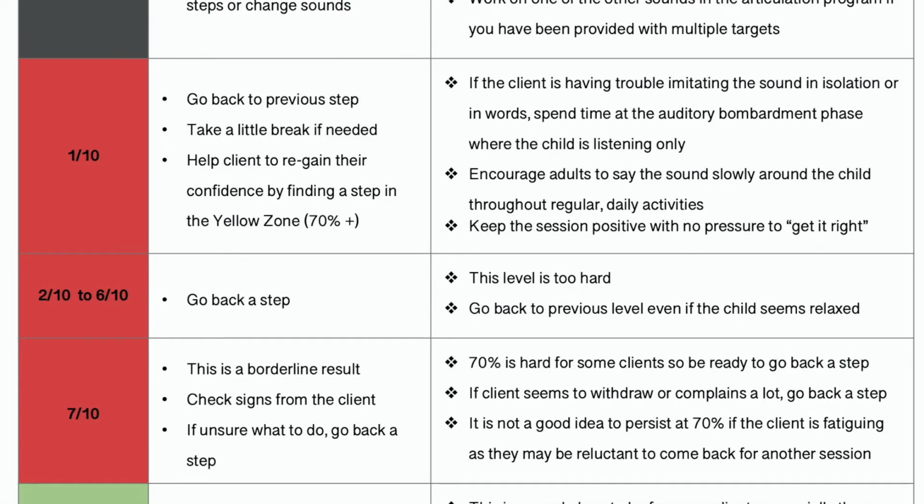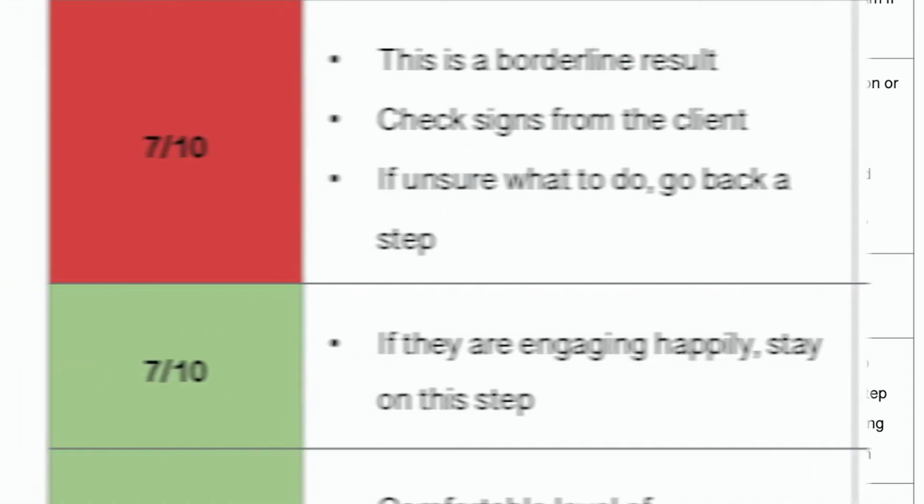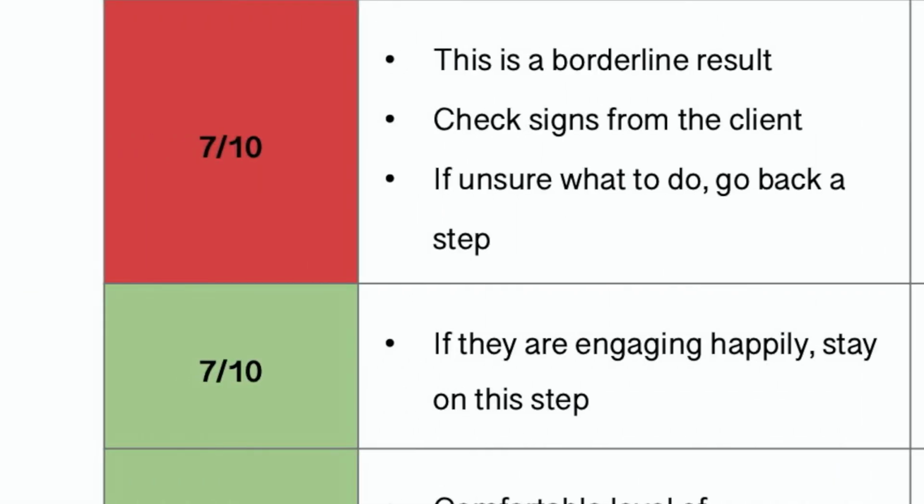In the red, we've got 3 different levels, and I'd suggest that you actually spend some time reading through this in detail. But you'll basically see that if they get 1 out of 10 or 2 out of 10, up to 6 out of 10, it's going to be too hard and you'll need to go back. 7 out of 10 is borderline.